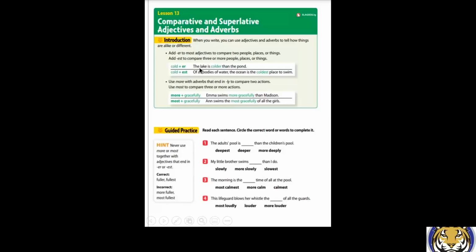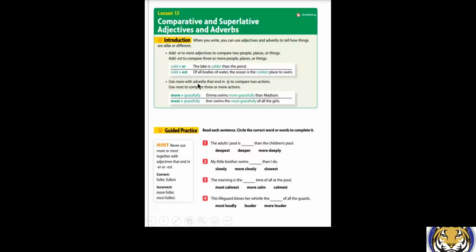As you can see, they're comparing the lake and the pond, which is two places. But then they have cold plus EST is coldest. Of all bodies of water, the ocean is the coldest place to swim. So it's being compared to three or more places.